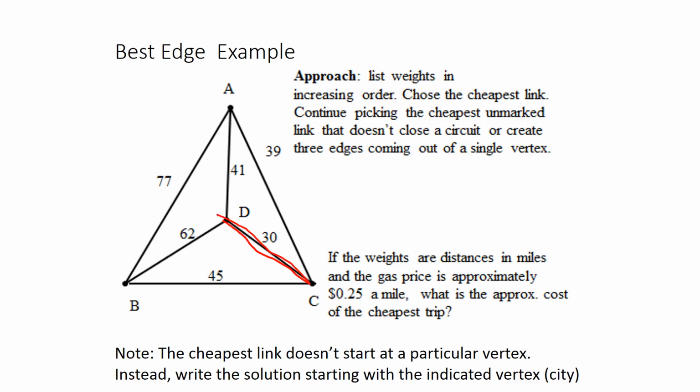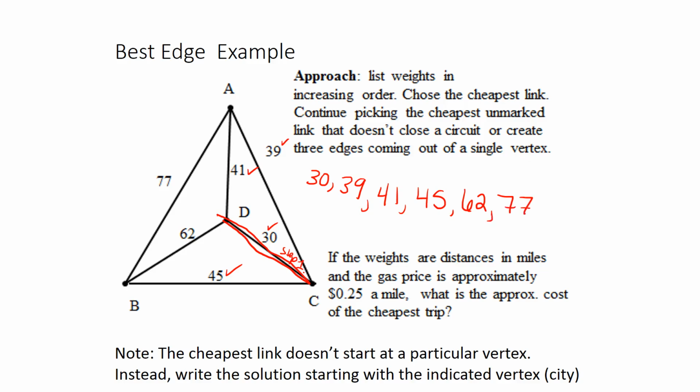Here is step one, this one. But if you want to, you can put them in order: 30, 39, and make sure you have them all. The next cheapest is 41 and 45, 62 and 77.